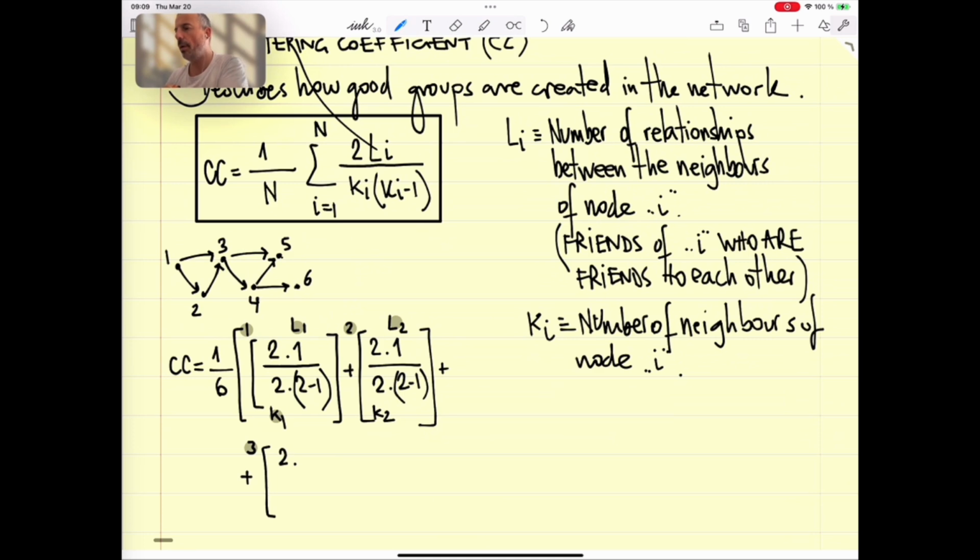L3. How many nodes are connected to number 3? 1, 2, 4, and 5. How many connections between them? 1 and 2. Okay? So L3 is 2, divided by 4, which is the number of nodes connected to 3, times 4 minus 1.